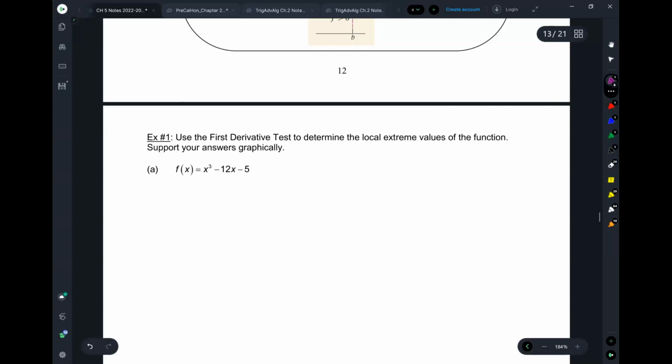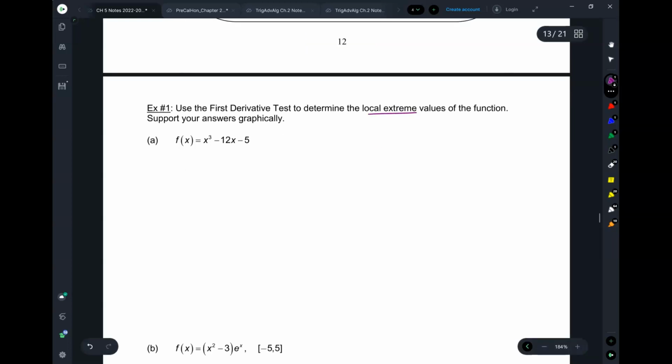Okay, so let's use the first derivative test to find local extreme values, right? Local extreme values is not talking about absolute minimum or maximum. So we're going to do the number line here. So, let's figure out the domain. What's the domain of this? Good. Okay, so to do this, same story.